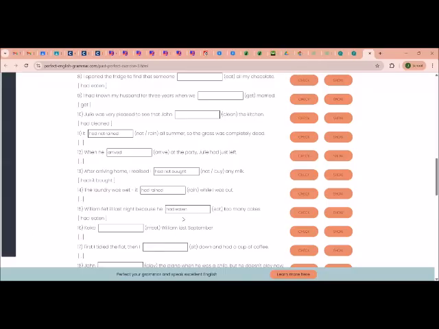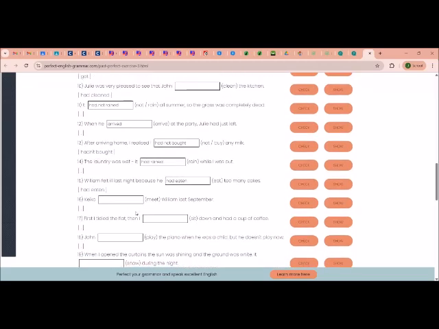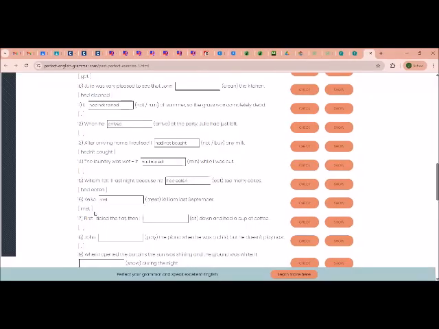Let's go with Karina, 16. Keiko met William last September. This one is just one event, one completed action. He was in a place, and Keiko met William last September. One more time. Keiko met William last September. Good. All right, drop your example there in the chat as well.